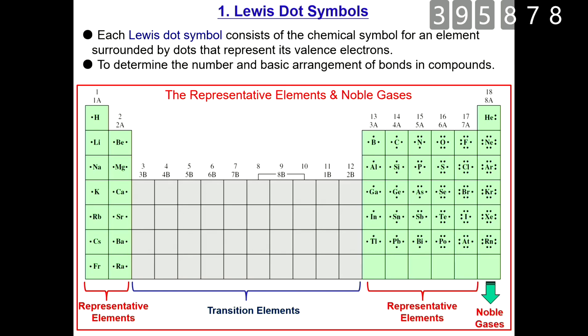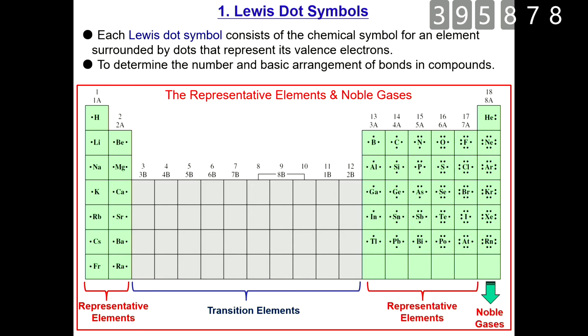So using this way we can determine the number and basic arrangement of bonds in a compound. It means the number of bonds.